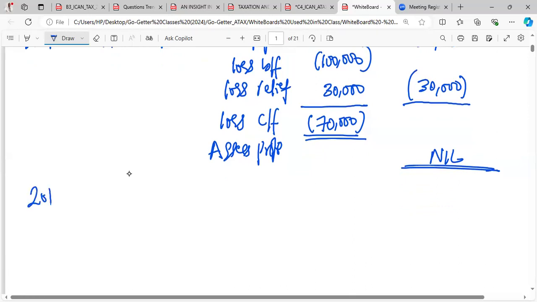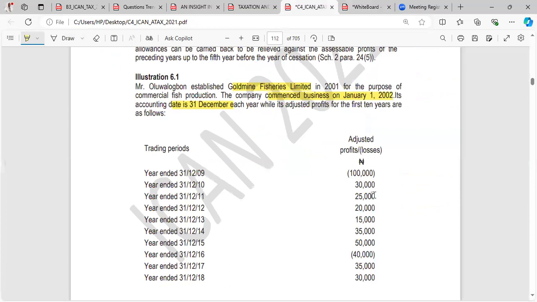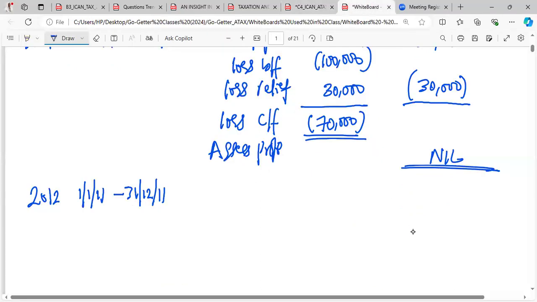For 2012, starts from January 1, 2011 to 31st December 2011. What were we given? 25,000 as our assessable profit. So I'll come here, assessable profit.